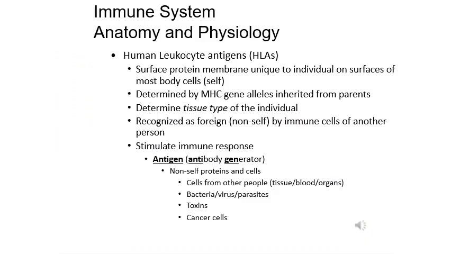Another important piece to understand is that we have what's called human leukocyte antigens. Basically, we have surface proteins that are unique to our own self and our own individual. So this is going to be how our body is able to identify that the microorganism is a foreign invader.